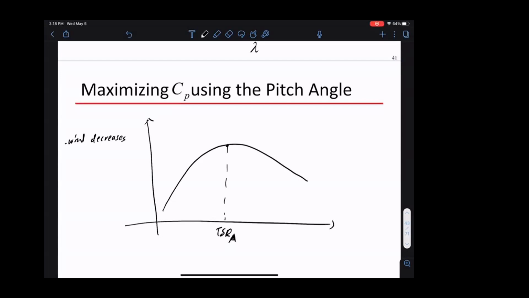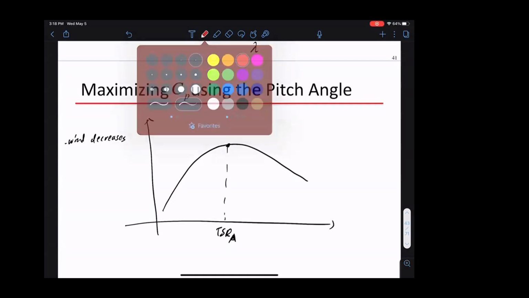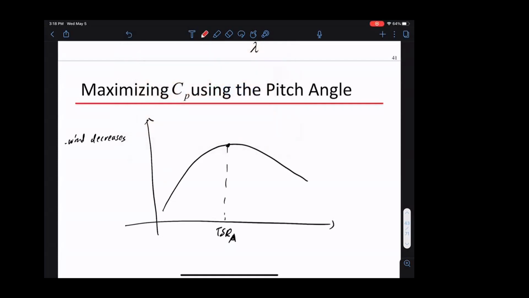What happens when wind decreases? Where do you go in your operating point, left or right? Let's say your blade is spinning at a constant speed, but the wind speed decreases. Does your TSR increase or decrease? It increases, right? It's the tip speed divided by the wind speed.